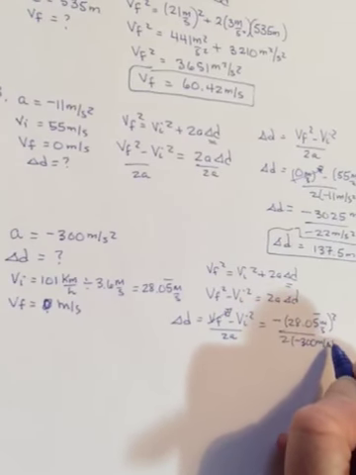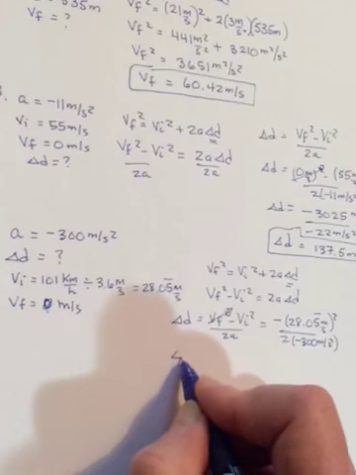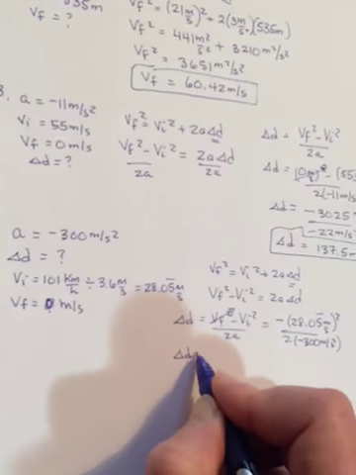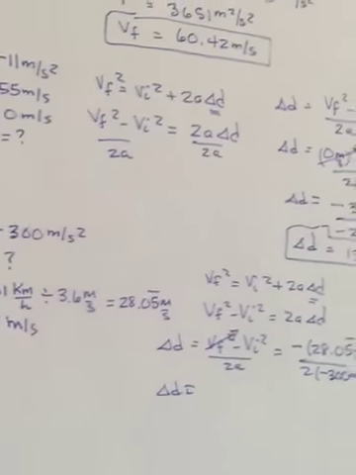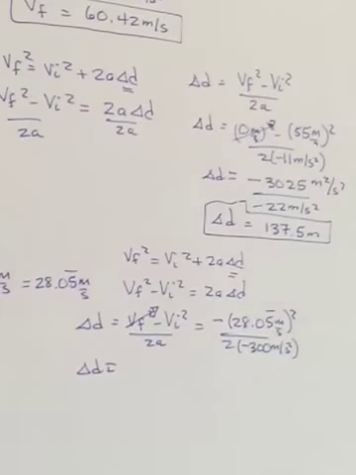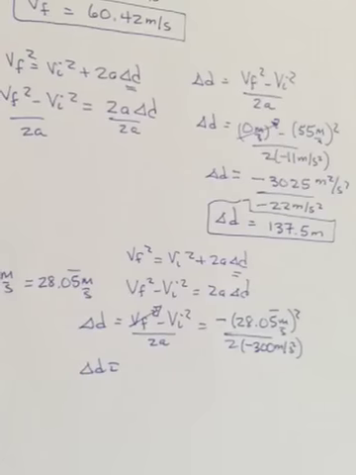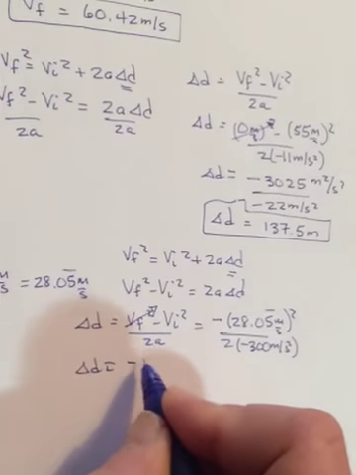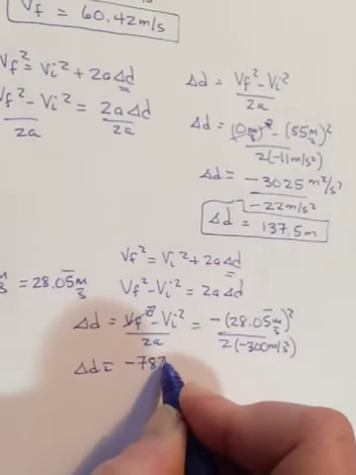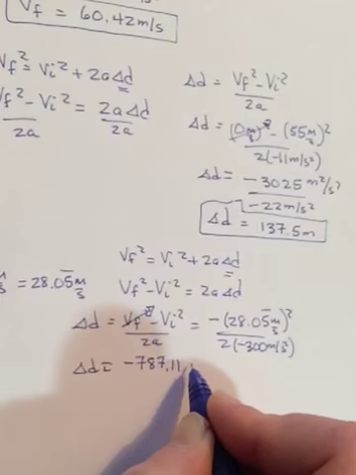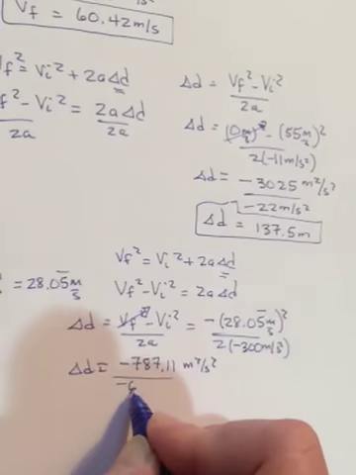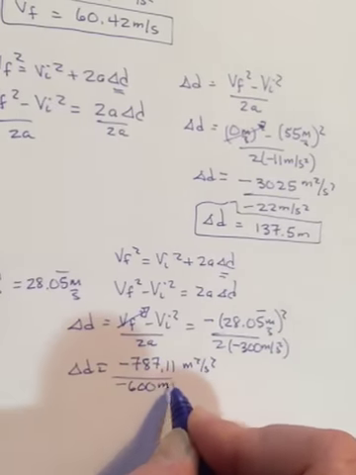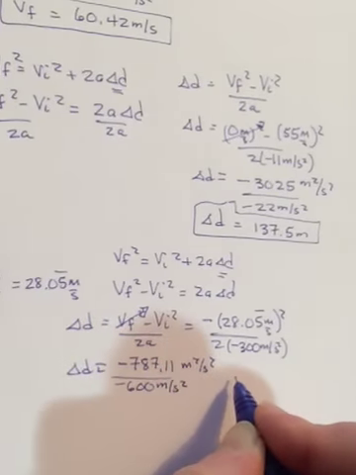And again, the negative on the top doesn't disappear. It's not inside the brackets. Okay, so square your 28.05 repeating, and you get on the top negative 787.11, etc. meters squared per second squared. On the bottom, negative 600 meters per second squared.